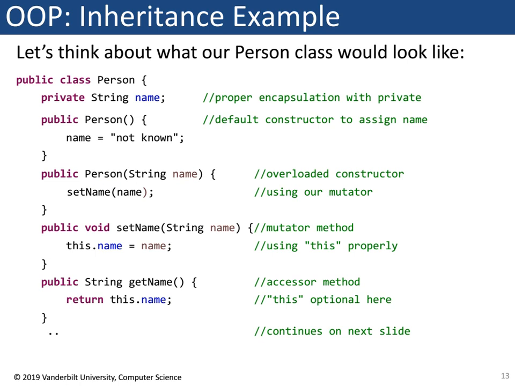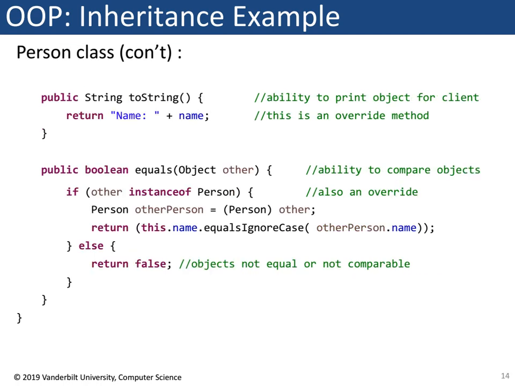And then we have setName, which takes a parameter called name and is going to assign it to the instance variable name, which is accessed using this.name. And then we also have the getName, which is going to return the string which is stored in the instance variable name.